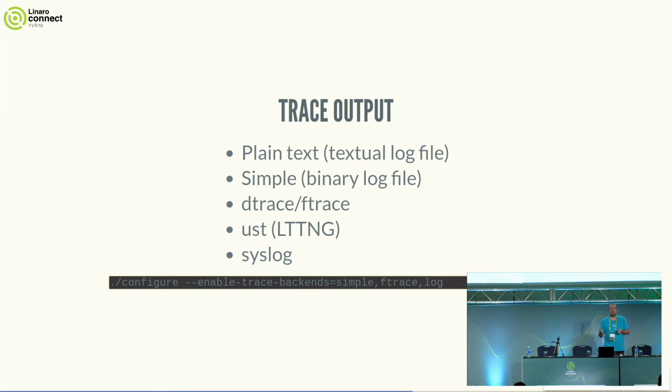Dtrace and ftrace are probably not things you're going to use if you're just analyzing code in the emulator, but they are quite useful for the KVM users, because you can then run analysis on trace points in QEMU and correlate them with trace points in the kernel. And finally, user space tracing and syslog are also useful in some cases.